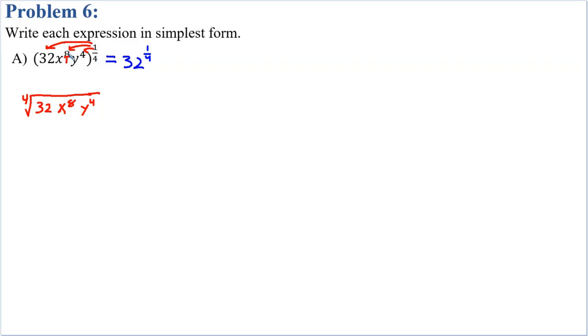Thinking of it as 8 over 1 times 1 over 4, that's 8 divided by 4, which is 2, so I can write that as x squared. Then we do the same thing with the y to the 4th, raised to the 1/4 power. 4 over 4 cancels, so we're left with just y to the 1.